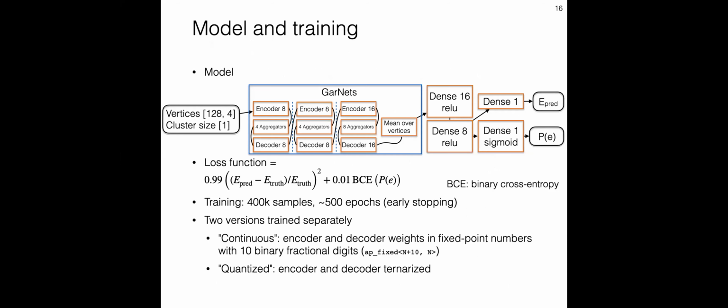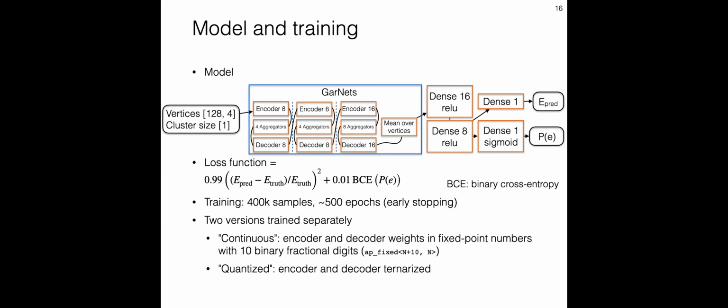Here's the model. You have 3 GarNet layers stacked together that end up with the mean of the vertices, and then that's fed to a couple of dense layers, and from that you branch off to the energy prediction branch, and also the particle ID branch.